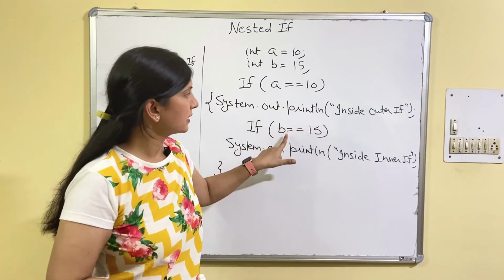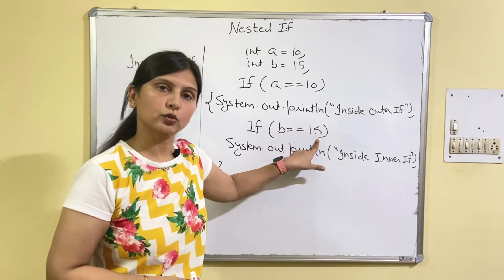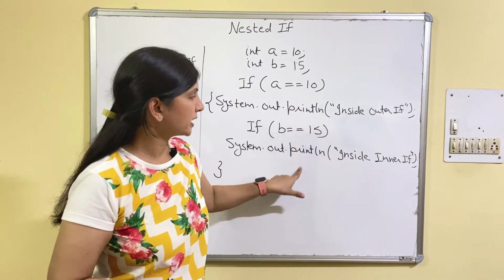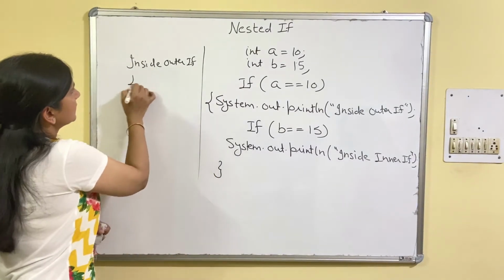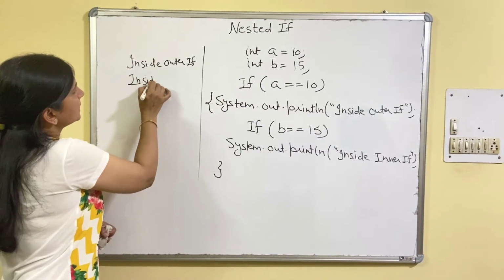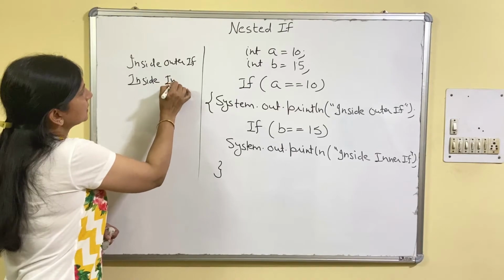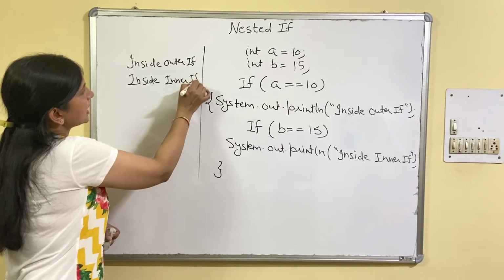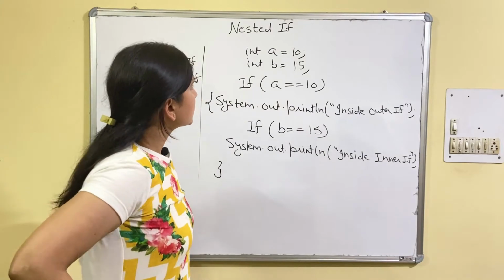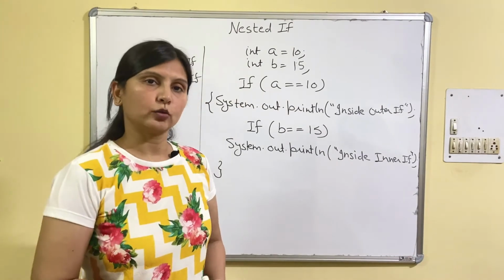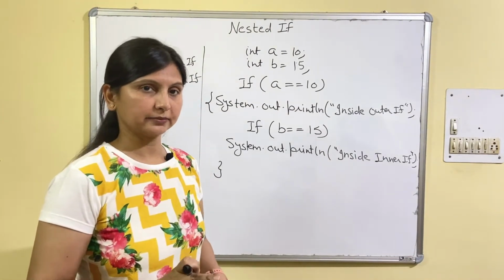Now it is 15 equals 15, so the condition is true. So it will display inside inner if also. In this case, the output will be inside outer if and inside inner if. So this is nested if without else. I hope this is clear.